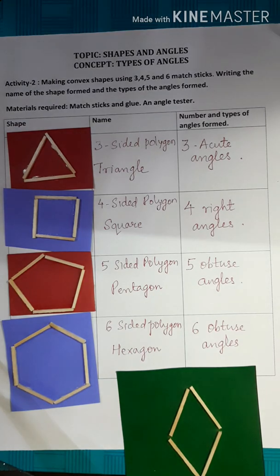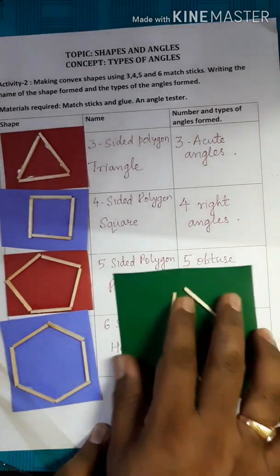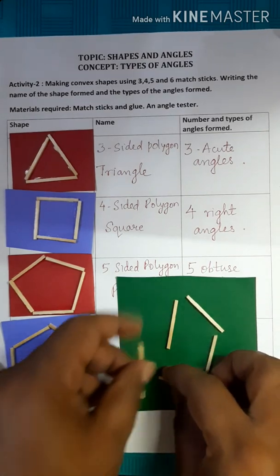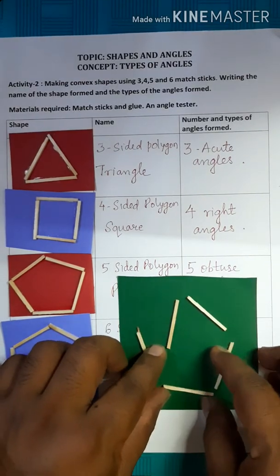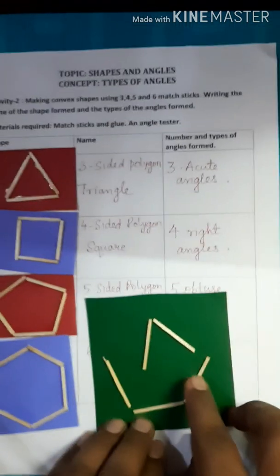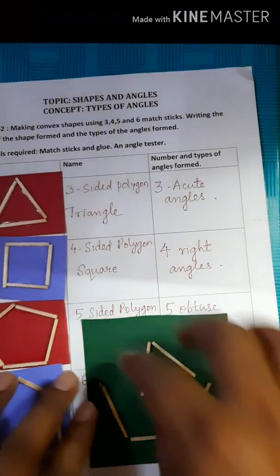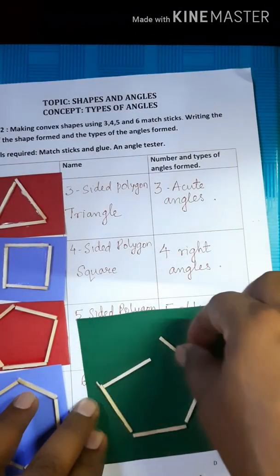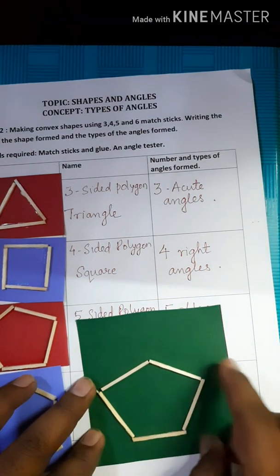But if I use a shape in this way, for example, suppose I am constructing a pentagon in such a way, suppose I have constructed it like this.